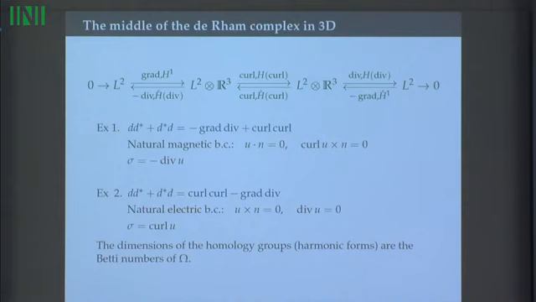And you get boundary conditions from the fact that the solution has to lie in the domain of D star, which is H0 div, which means the normal component has to vanish. And D of the solution, the curl, has to be in H0 curl, which means its tangential components have to vanish, so-called magnetic boundary conditions.